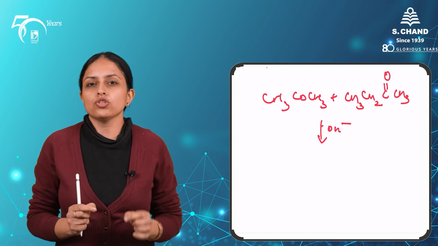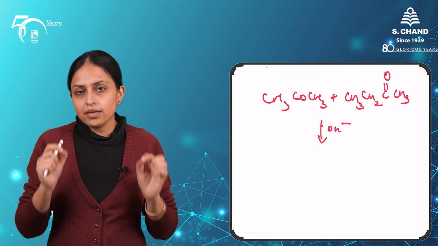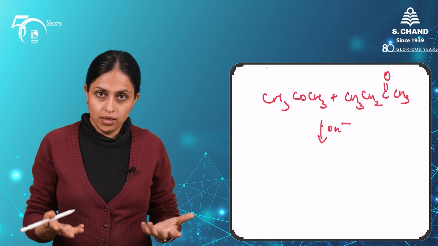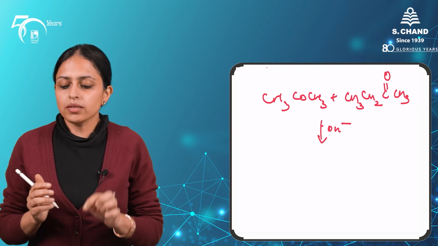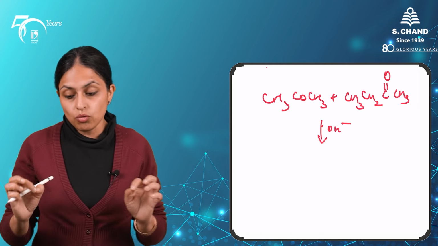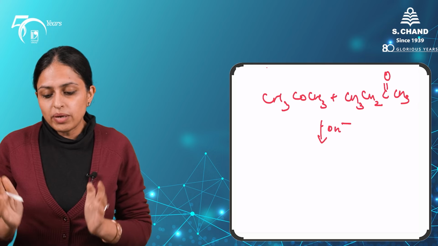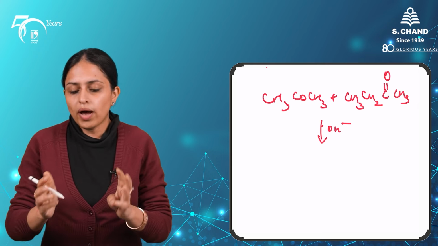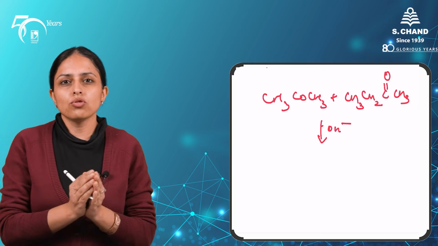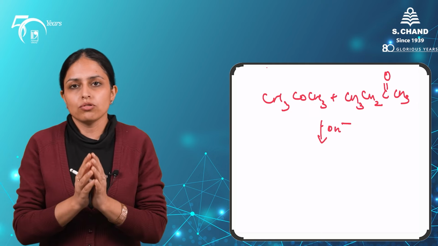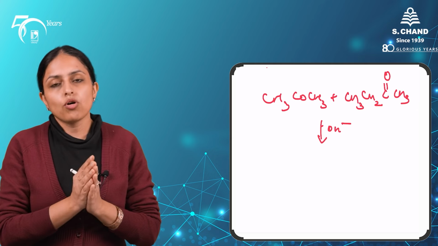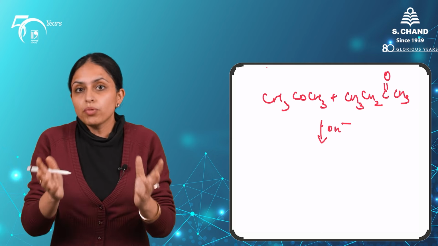Whenever aldol condensation takes place between two different reactant molecules, we call it cross aldol condensation. So here one of them is a ketone molecule, another is also a ketone molecule. So you can get basically 4 sets of the products. One is by condensation between two acetone, two butanone can undergo condensation, and acetone and butanone can also. So basically 3 types of condensation products are possible, but what will be predominant?